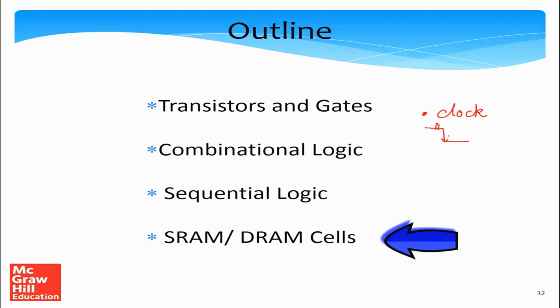The moment a new cycle starts, if you consider this to be a flip-flop, with these as the inputs and this as the output, the moment we have a negative edge, the inputs get transferred to the output, and we have a way of maintaining the value, storing the value in the flip-flop even across clock cycles. For example, in a JK flip-flop, if we set J and K to 0, then the value will get maintained across clock cycles.